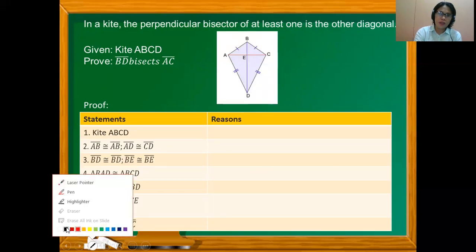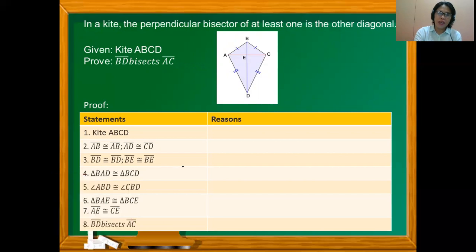So first is kite ABCD. So this is given. So we have to write the word given here. Now, line segment AB is congruent to line segment BC. This should be BC. Okay, so AB is congruent to BC as well as AD to CD.